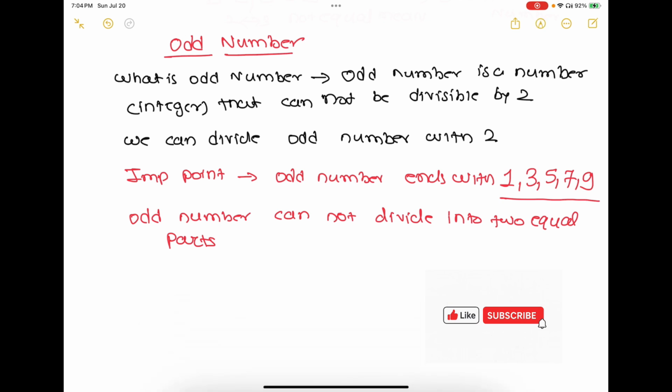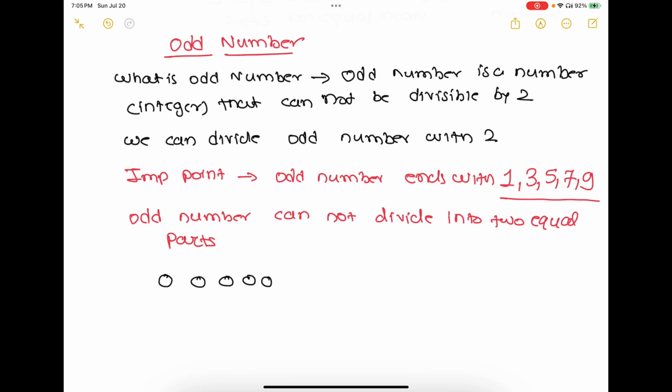Means see, for example, I took 5 balls, and I want to divide into two equal parts. Can I divide? Can I give 3 balls to one team, 2 balls to other team? Are 3 and 2 equal numbers? No. Means we cannot divide 5 balls into two equal numbers for the two teams.